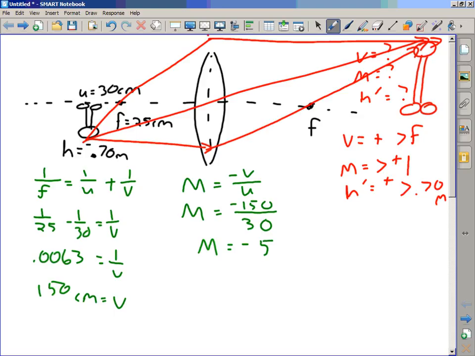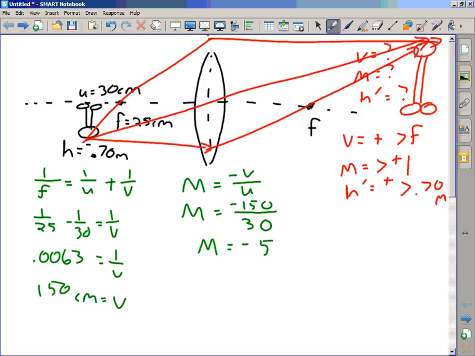Now, let's talk about why I assumed positive instead of negative, and why it is negative. What does that negative on the magnification indicate? It's going to be flipped, which it was: flipped from down below to on top.